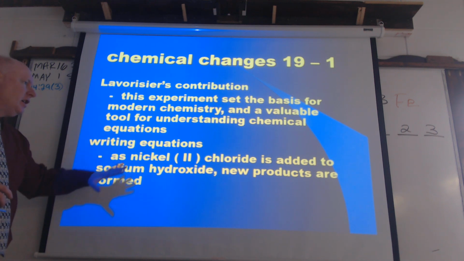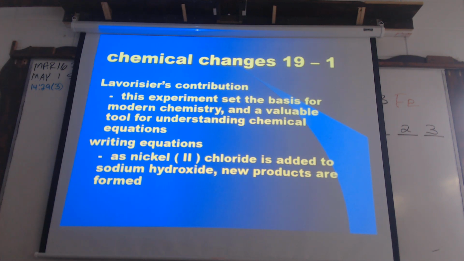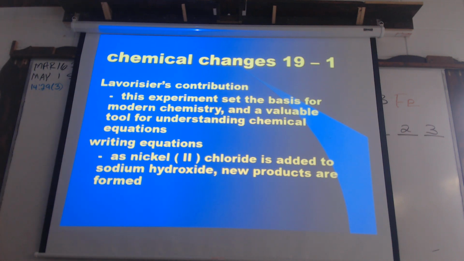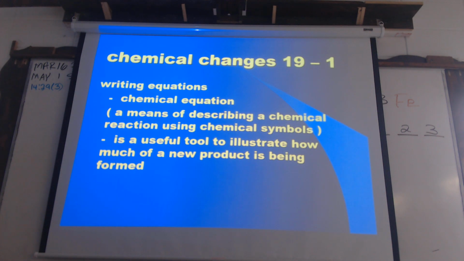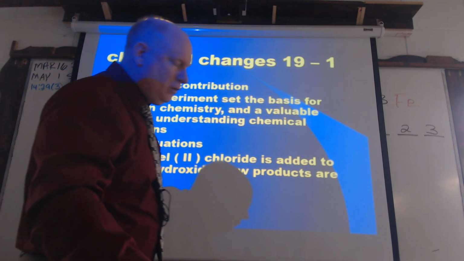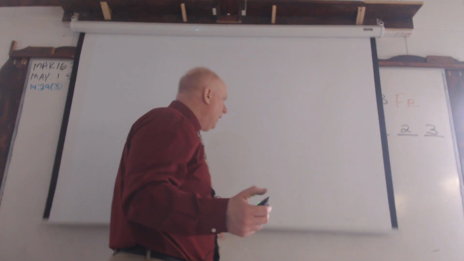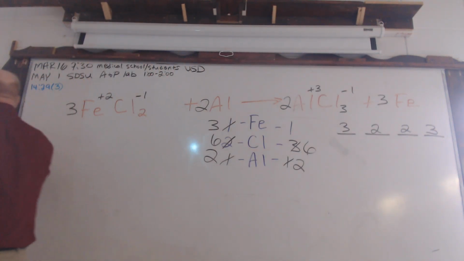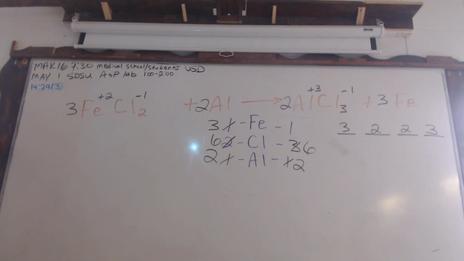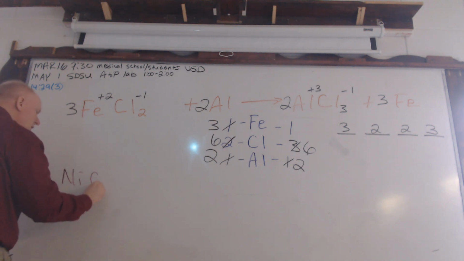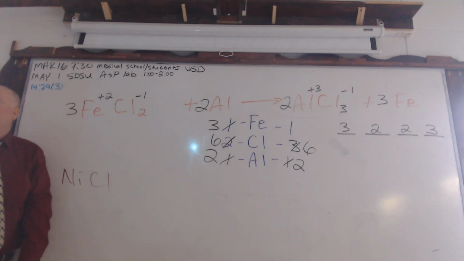Okay, let's just get through this equation here. As nickel 2 chloride is added to sodium hydroxide, new products are formed. For those of you who wrote that down, how would we write this equation out? Nickel chloride, right? But what type of nickel?